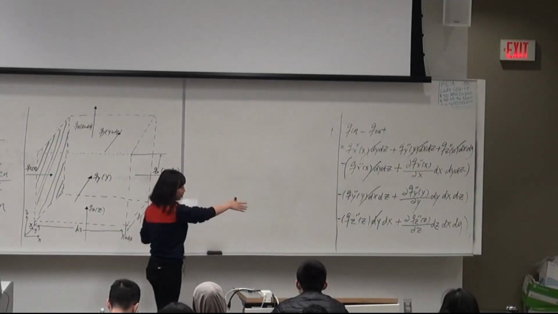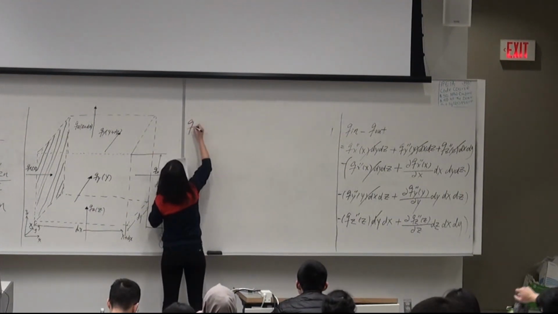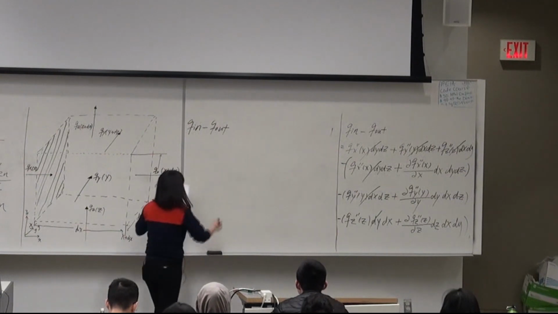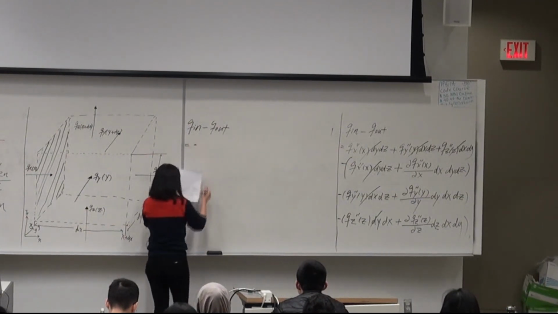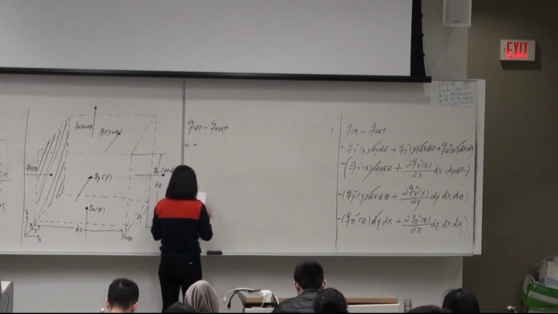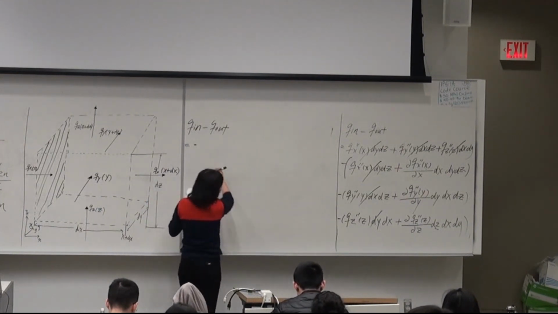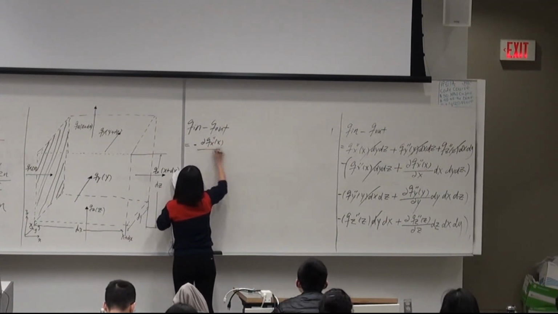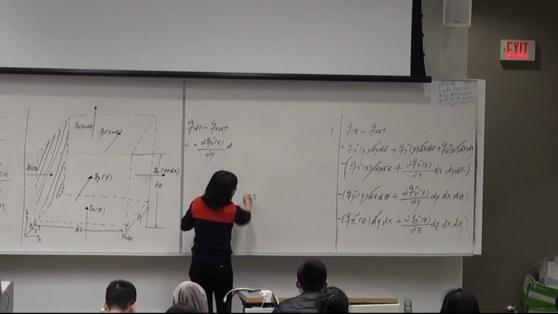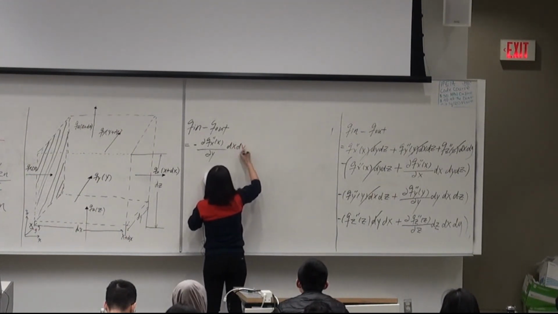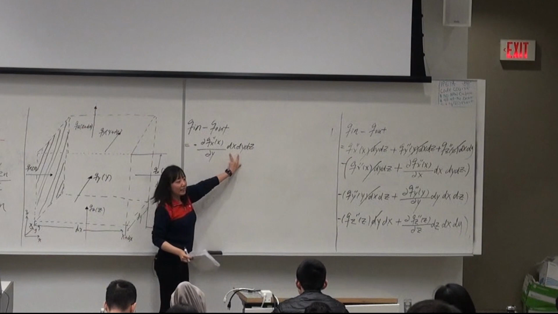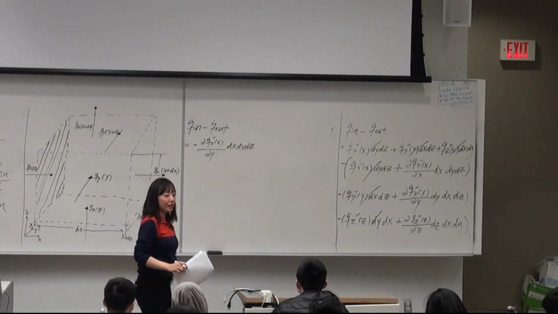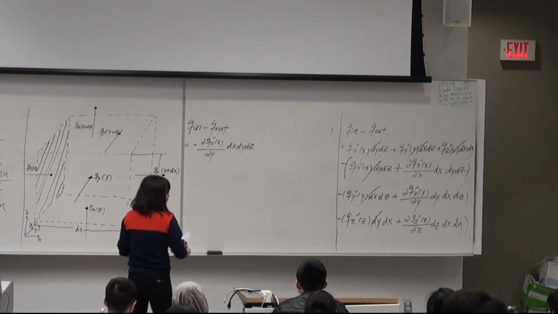So after cancelling the terms they have, our net heat flow rate is simply given by this. What's the meaning of this term? The product of the dimensions is the volume, right?